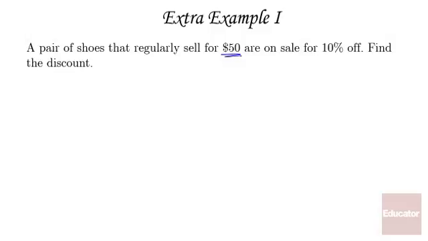So we want to know how much we're going to be saving. So, you have to find the discount, you're going to multiply the regular price, the $50, times the percent of the discount. So that's 10%.